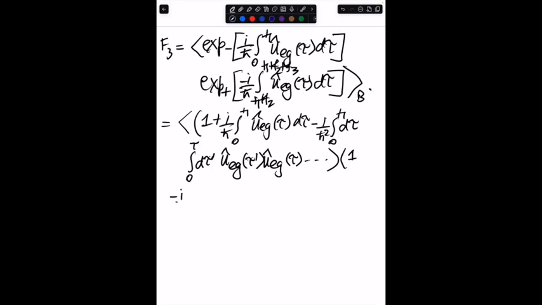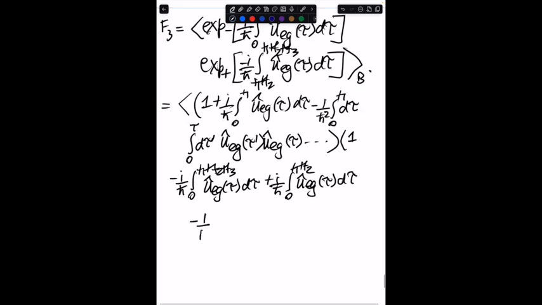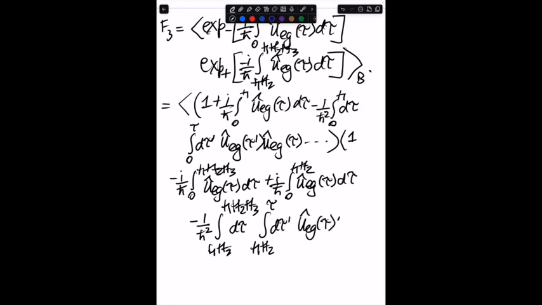And then you get 1 minus i upon h bar, 0 to t1 plus t2 plus t3, u hat eg tau d tau, plus i upon h bar, 0 to t1 plus t2, u hat eg tau d tau, and then you get a minus 1 upon h bar square from t1 plus t2 to t1 plus t2 plus t3, d tau, and then from t1 plus t2 to tau, d tau prime, u hat eg tau, u hat eg tau prime.